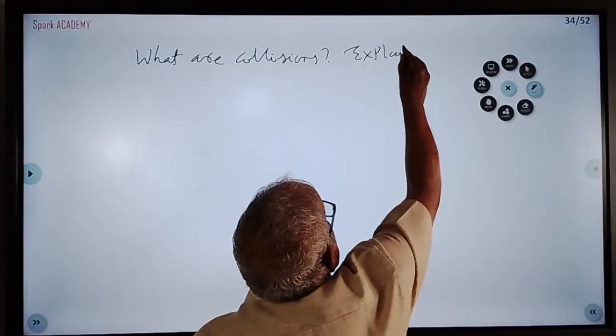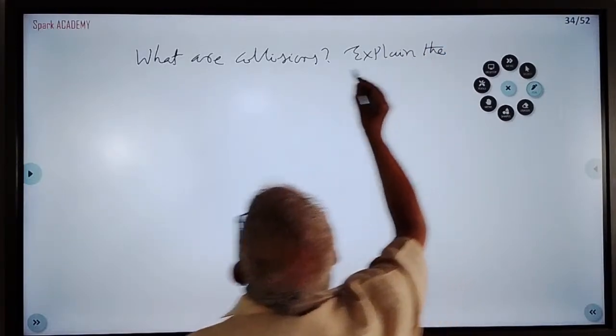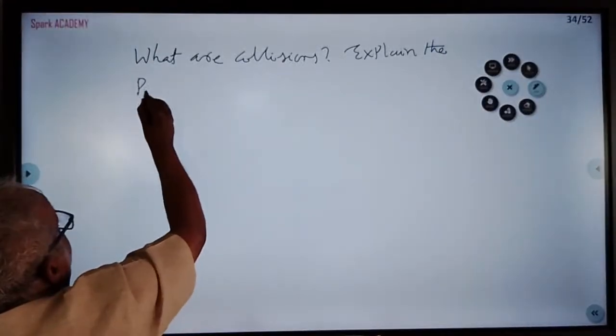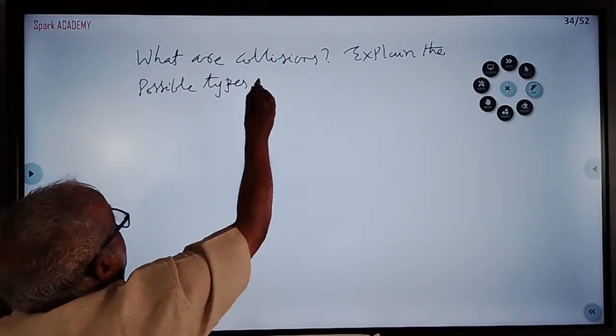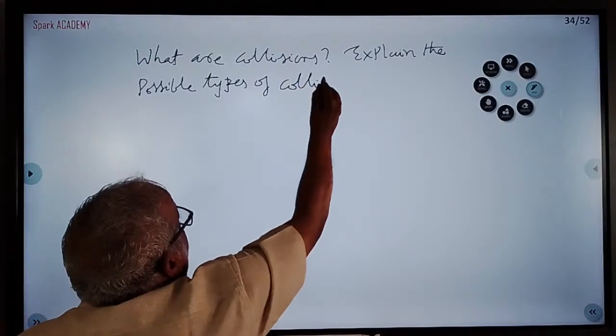Explain the possible types of collision.